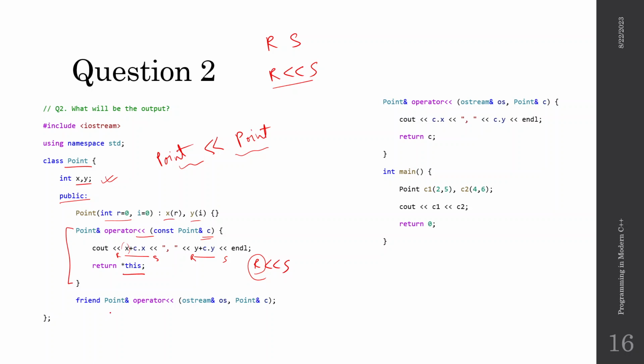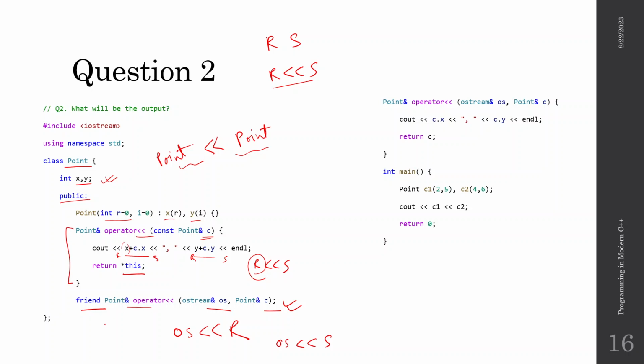Then here we declare a friend function between output stream and point class c. From the function signature, we can see that this output stream operator operates between an output stream and a complex object such as r or s, as I've written here. So you can write output stream r or output stream s.